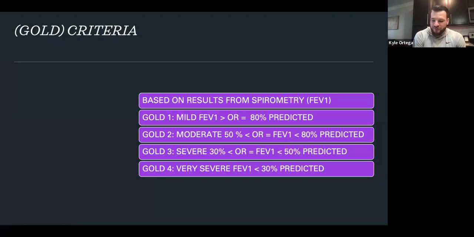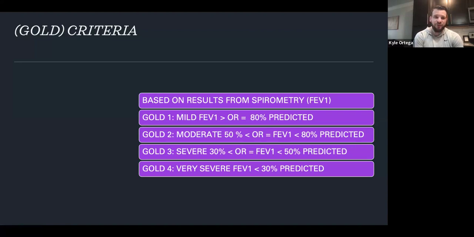So yeah, moderate 50 to 79%, and then you have severe, GOLD 3, which is between 30% and 49%, so below 50%. So 30 to 49% predicted is severe, and then very severe is that FEV1 below 30% predicted.